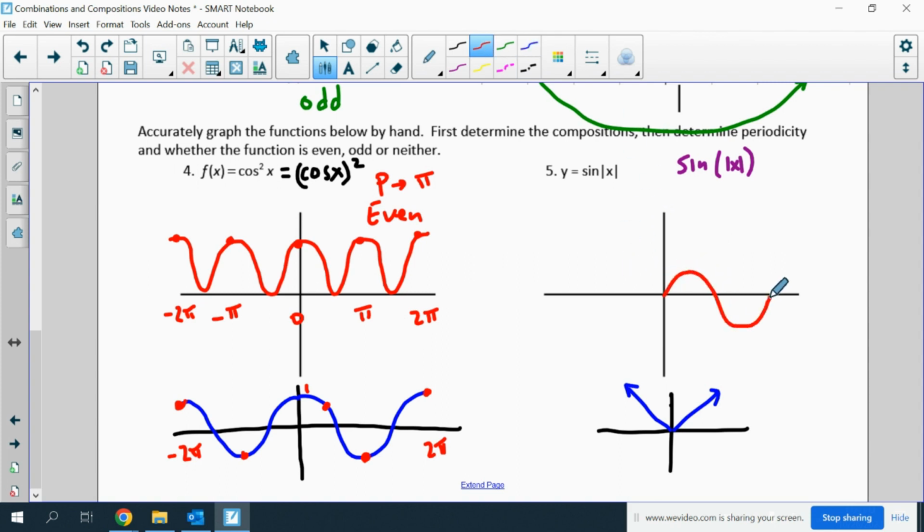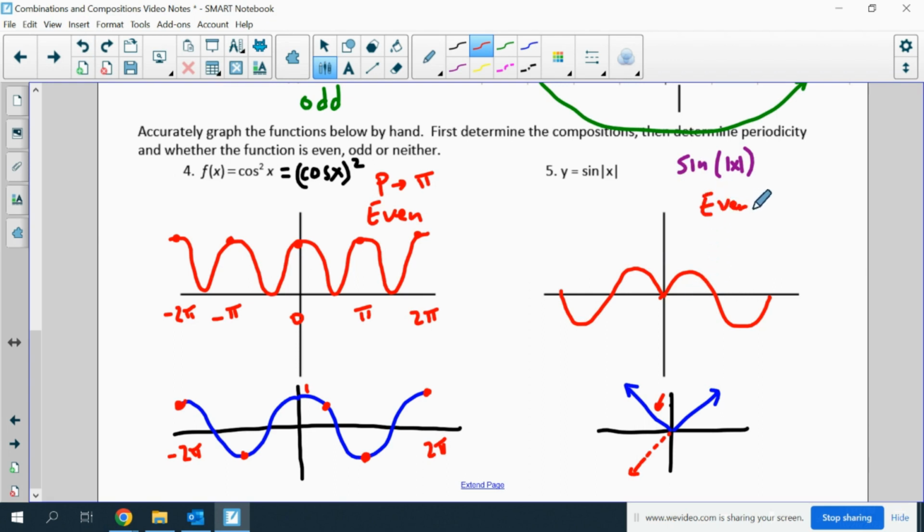So it's going to look something like this from 0 to 2 pi. And then over on the left side, instead of the function going down and continuing to look like this, everything's going to match whatever was on the right side. So your function is going to kind of look something like this.